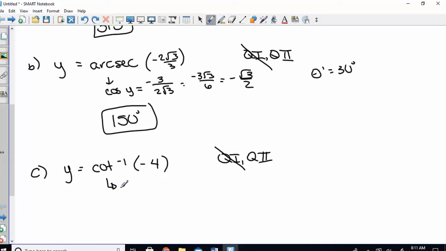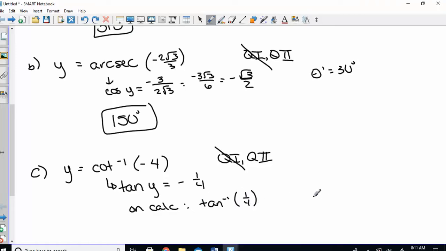What this means is that tangent is negative 1/4, because we don't have a cotangent inverse on the calculator, but we talk about it in terms of tangent. What I told you on these is not to type in the negatives on your calculator. So on the calculator, I want you to do tangent inverse of positive 1/4.